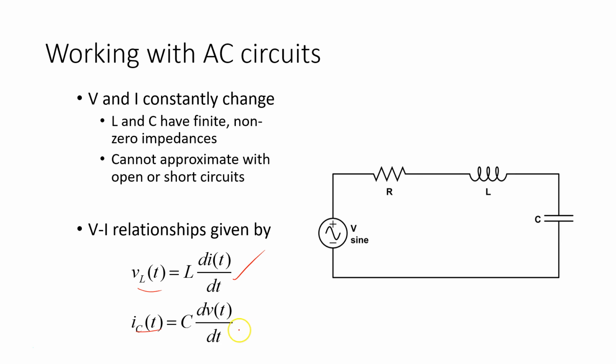And similarly for the capacitor, the dv/dt is no longer zero because the voltage is constantly changing. So we could no longer assume that these two are zero. So we cannot approximate the inductor to a short circuit and the capacitor to an open circuit. These would be wrong here.